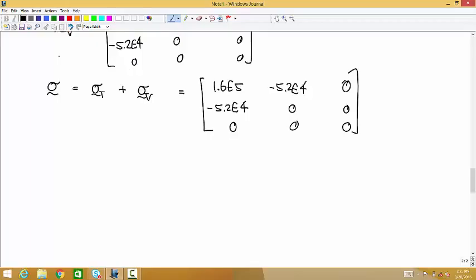Okay, so we figured out the stress tensor at any point along the neutral axis at the middle of the beam. Let's figure out now what the maximum shear stress is at that point.